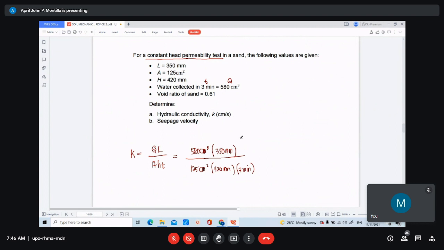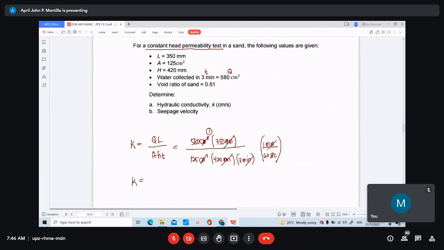Now, analyze the units. Millimeters cancel. Cubic cm divided by square cm leaves cm, so we have centimeters per minute. But we need centimeters per second, so it is just a conversion of units: 1 minute is 60 seconds. So, what is the hydraulic conductivity?